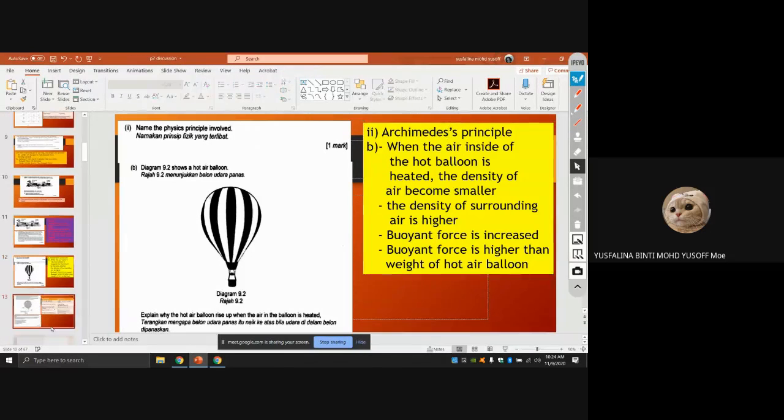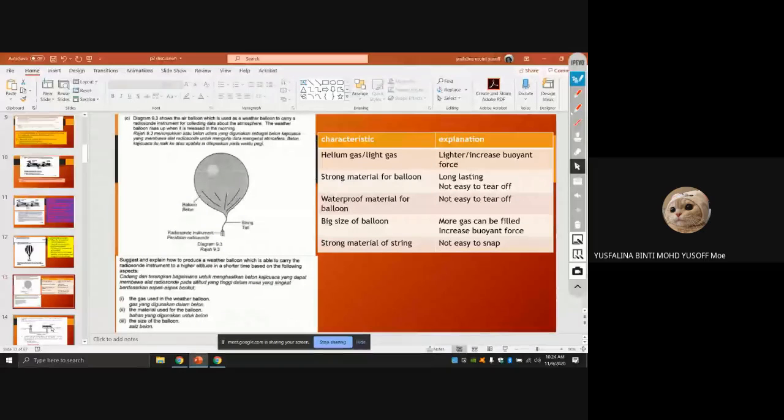Alright, the next one. Diagram 9.3 shows the air balloon which is used as a weather balloon to carry a radio sonde instrument for collecting data about the atmosphere. The weather balloon rises up when it is released in the morning. So this one you have to modify.